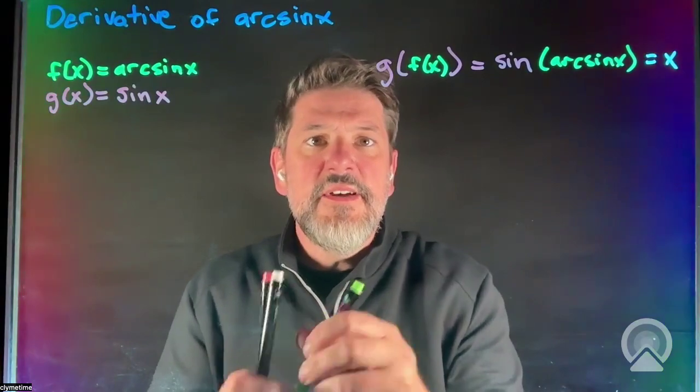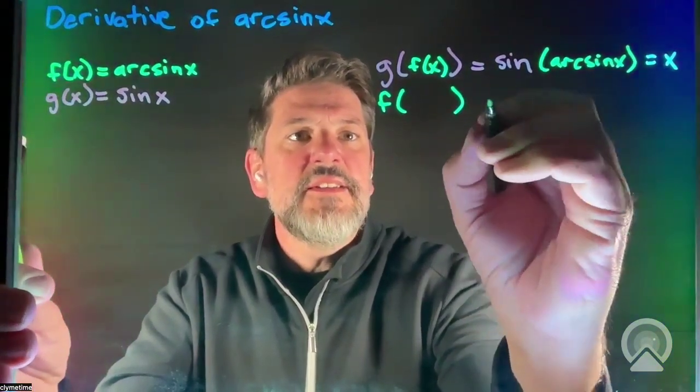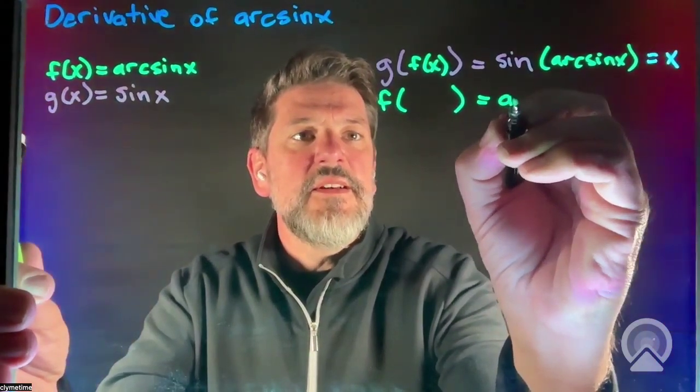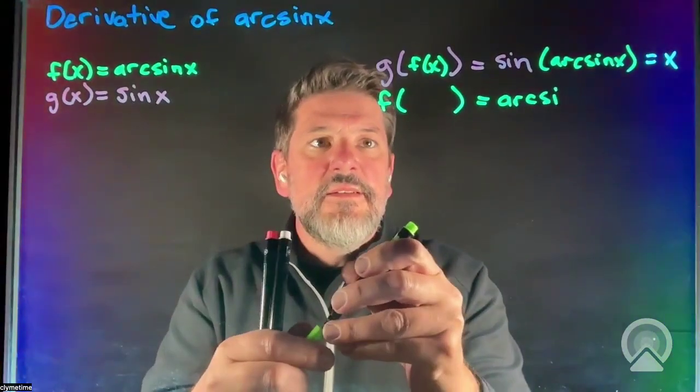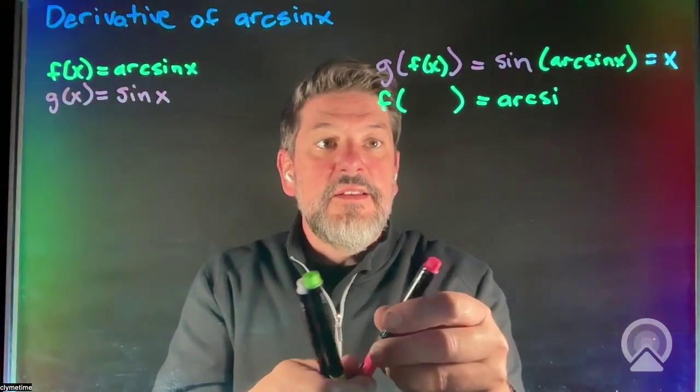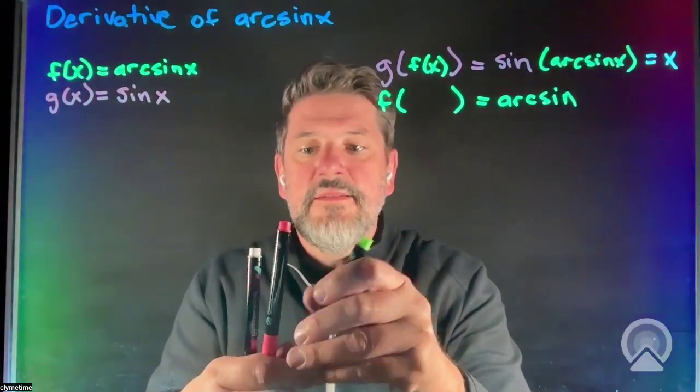And we could go the other way as well. We could take f of g of x, and that's going to equal the arcsine of sine of x.